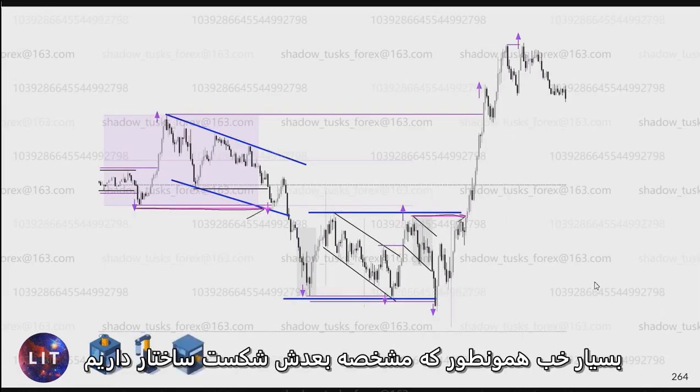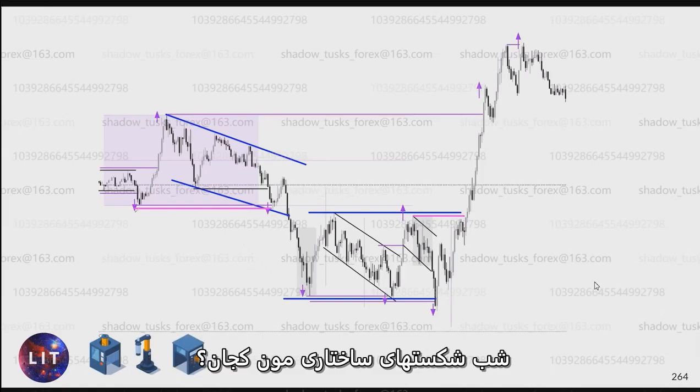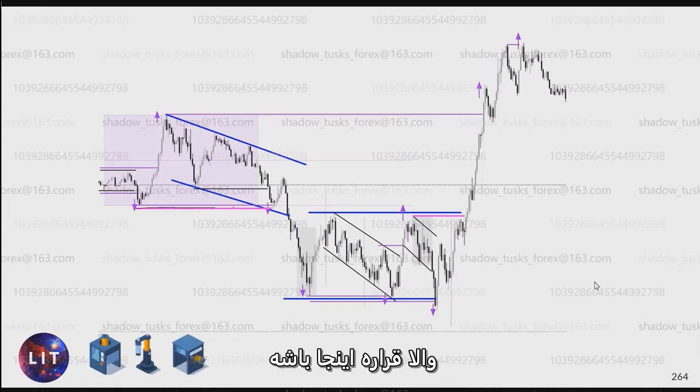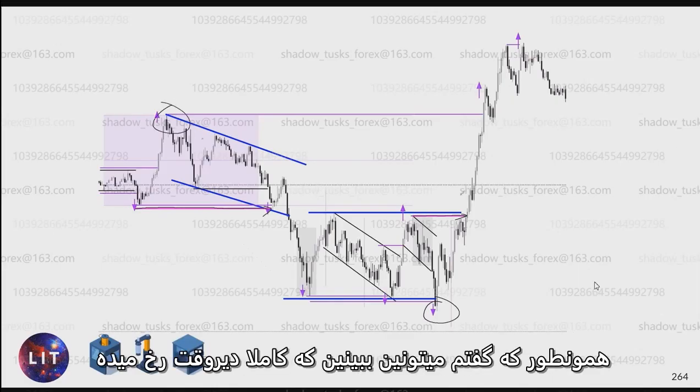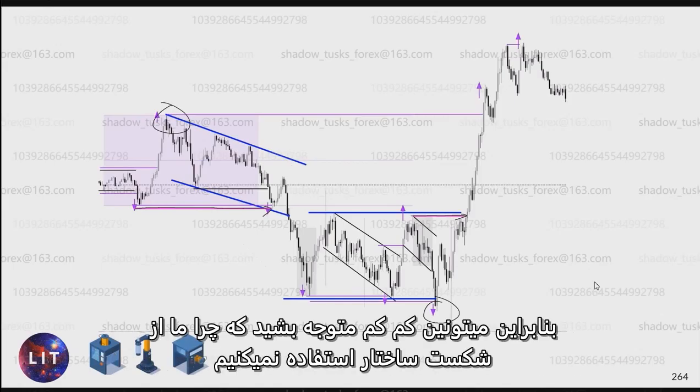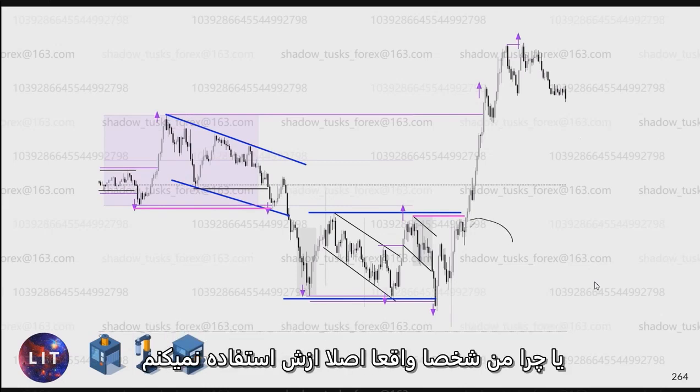Next up we obviously have break of structure. So where are our breaks of structure? Well, it's going to be here and here, obviously away from our significant inducements. Again, you can see it happens quite late, so you can sort of begin to understand why personally I don't use it at all, really.